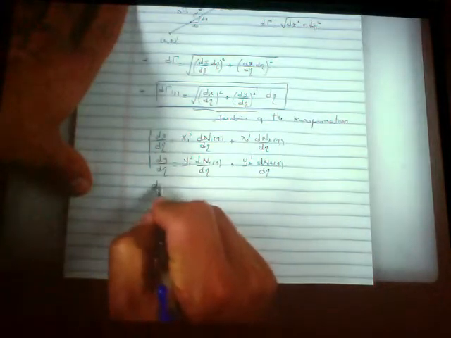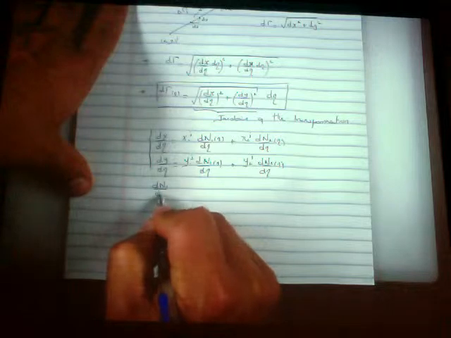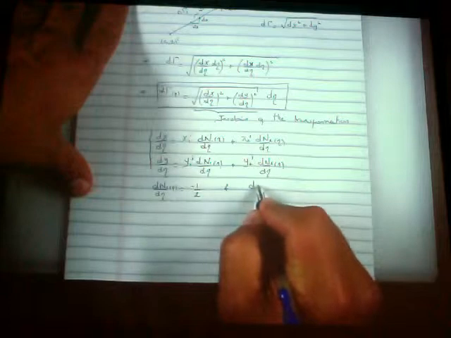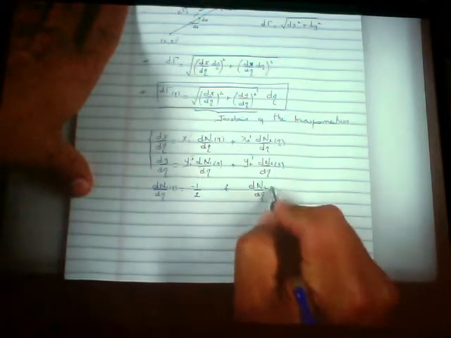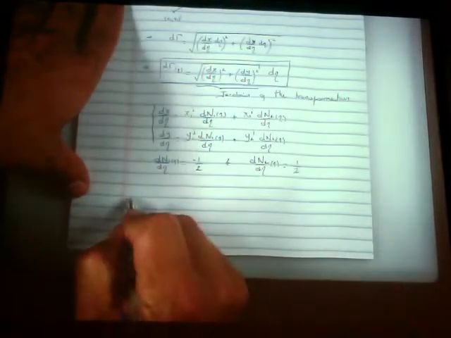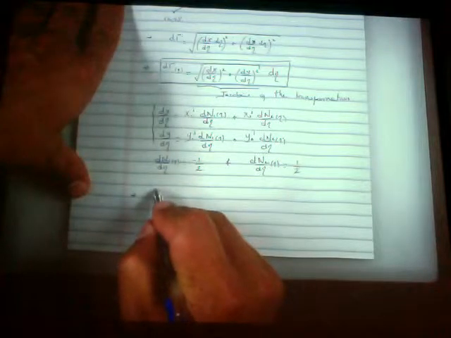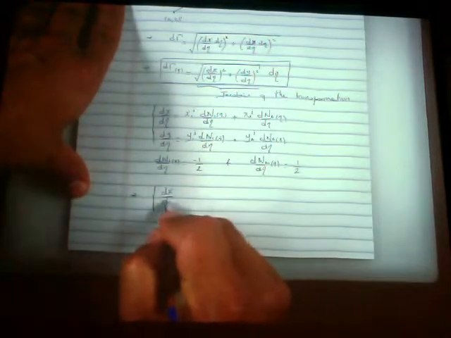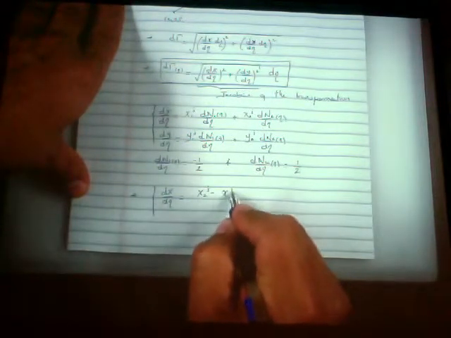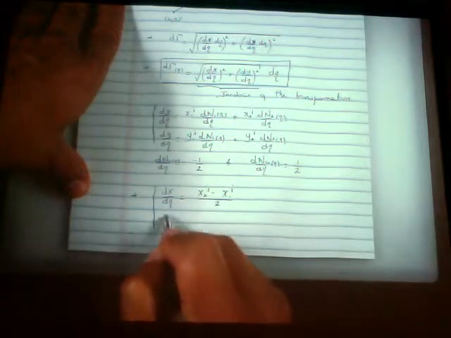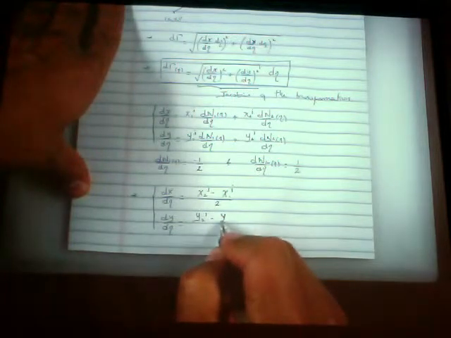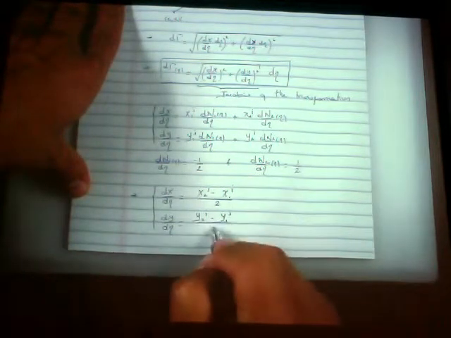Such that N1, at eta, is equal to minus 1/2, and N2, at eta, is equal to plus 1/2. And therefore dx d eta is equal to x2 minus x1 divided by 2, and dy d eta is y2 minus y1 divided by 2.